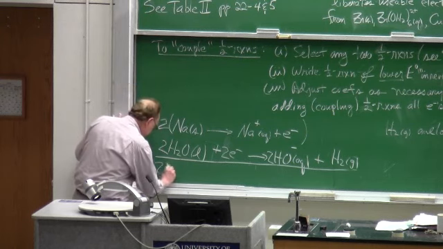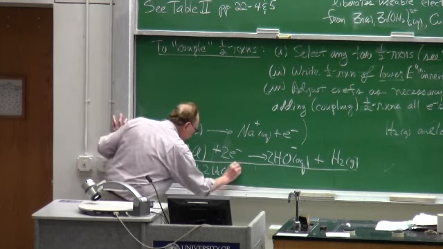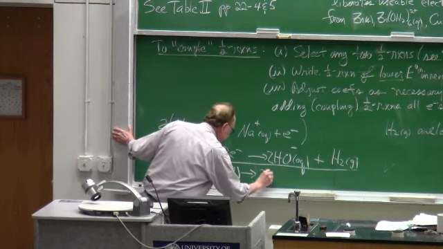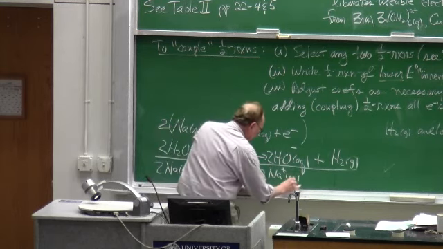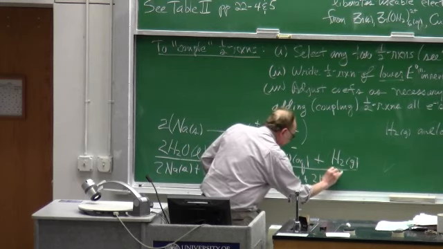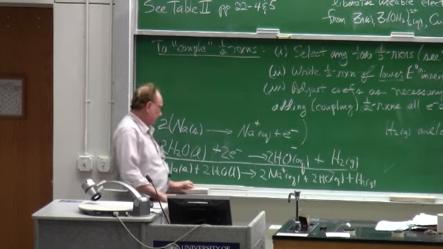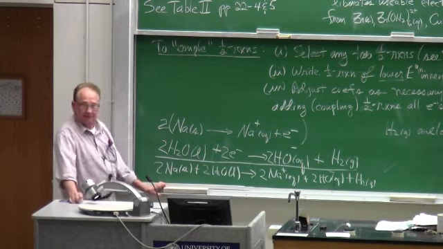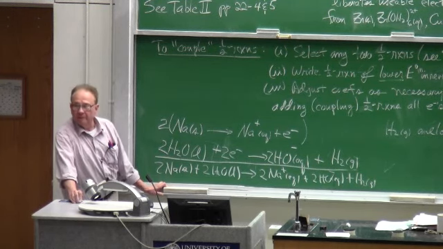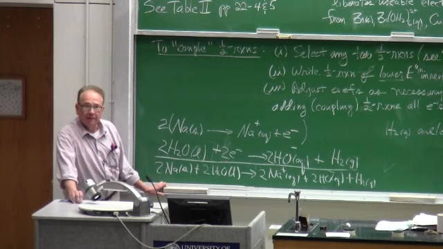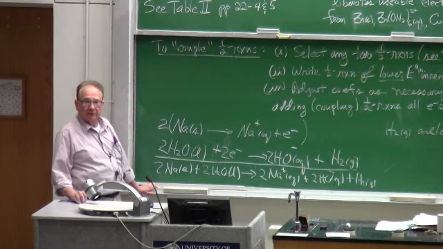So I'll have this as my net redox reaction. And then I can pay attention to more fundamental electrochemistry nomenclature. In this redox reaction, what is the reducer?